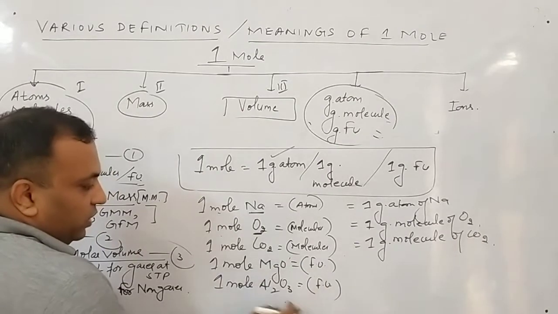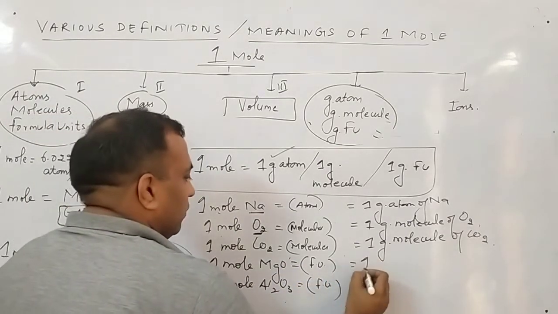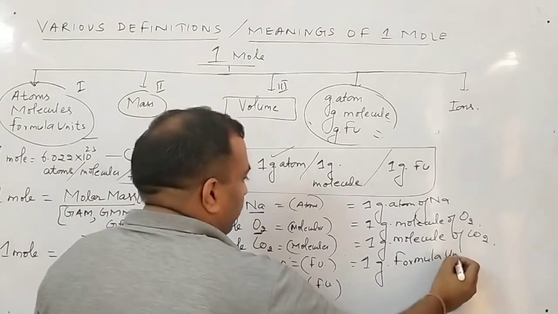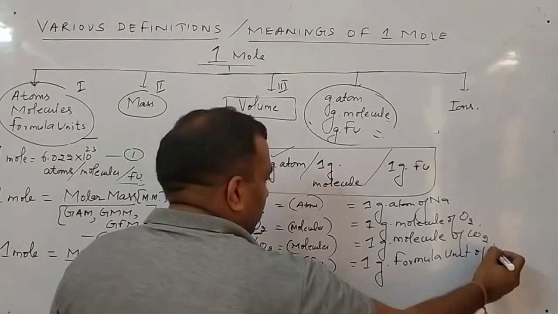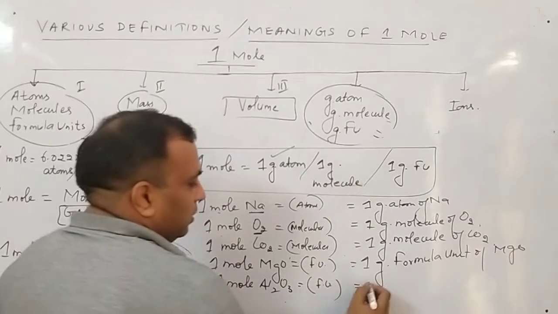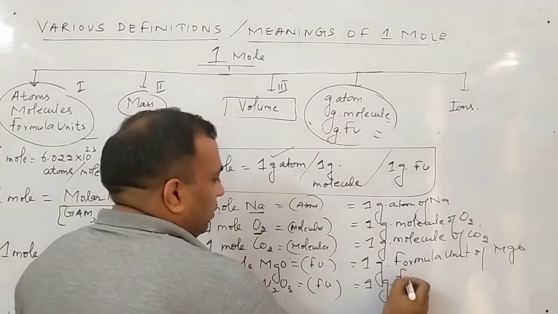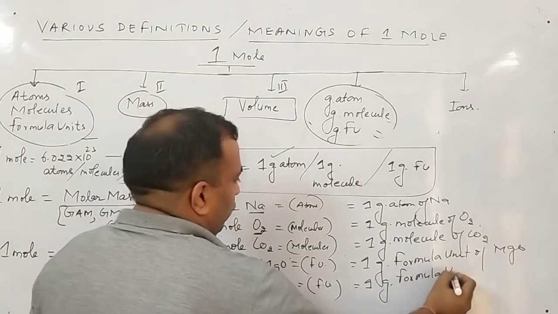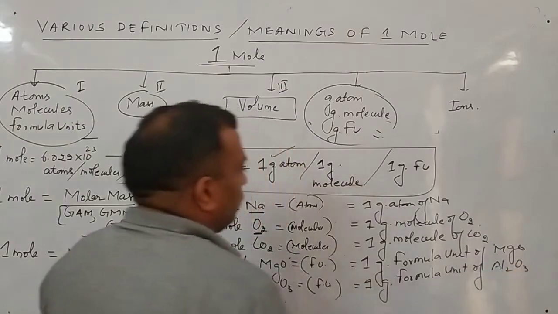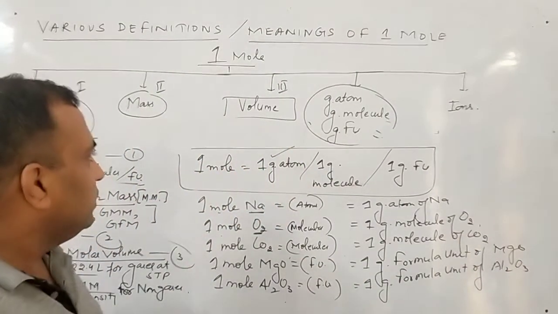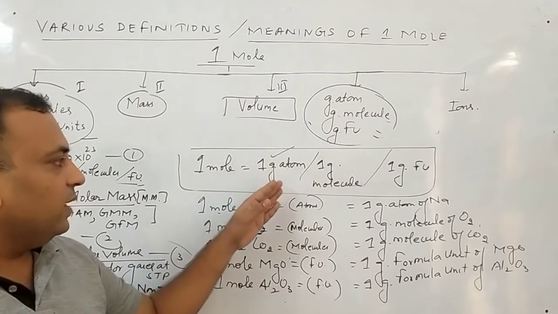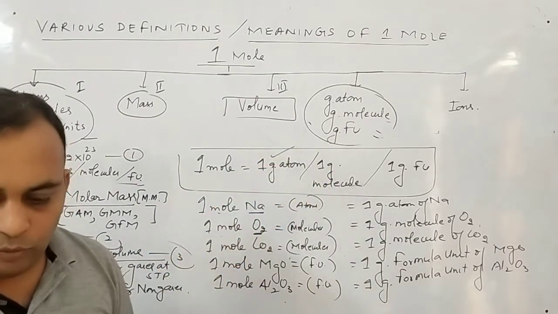And for these, 1 mole MgO contains 1 gram formula unit of MgO, and 1 mole Al2O3 contains 1 gram formula unit of Al2O3. Okay, this is the fourth definition that we have written, that 1 mole contains 1 gram atom, 1 gram molecule or 1 gram formula unit.